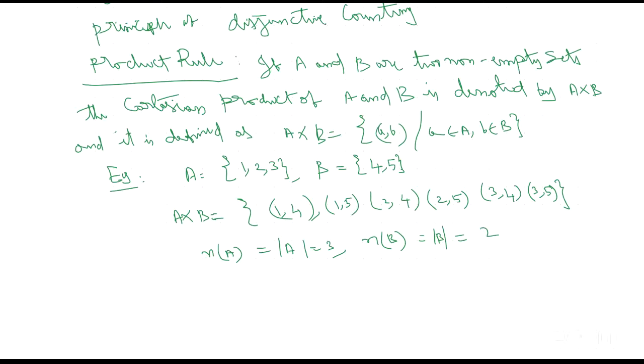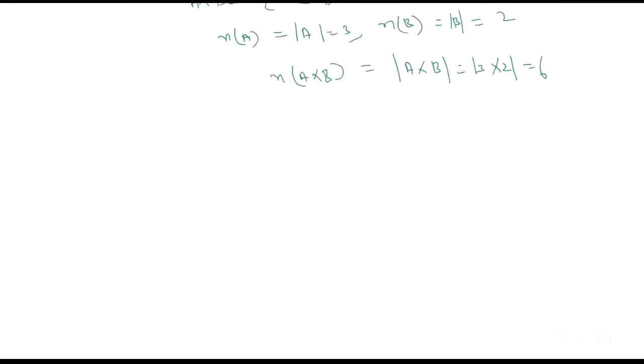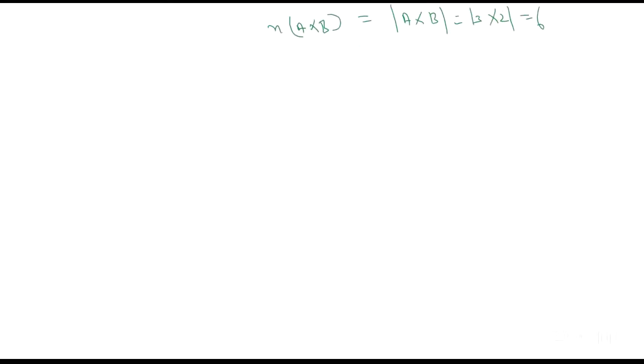So n of A cross B equals mod A cross B, that equals 3 into 2, that equals 6. Next.